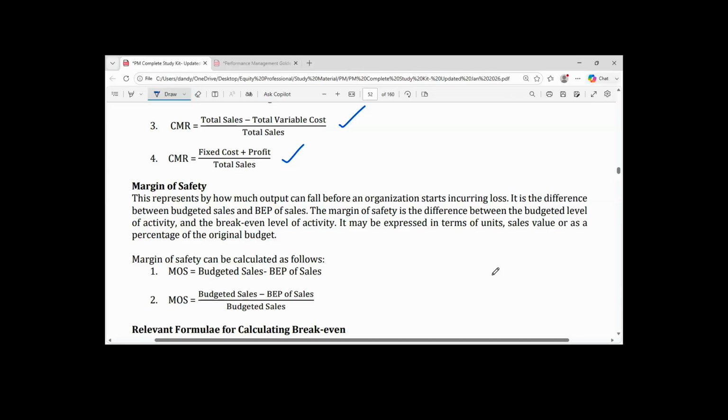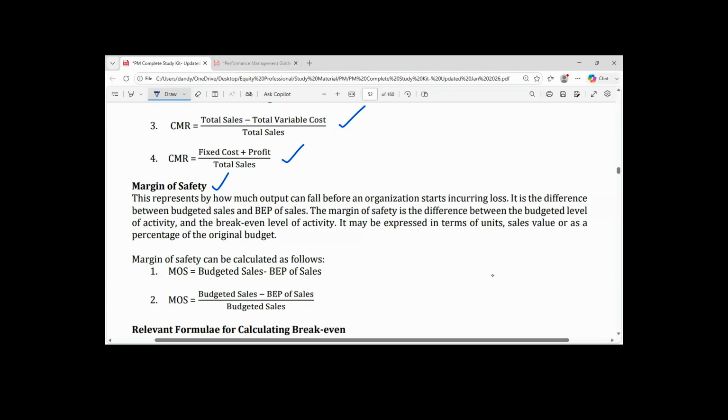I repeat, margin of safety represents the extent or degree to which output can fall before an organization begins to incur loss.